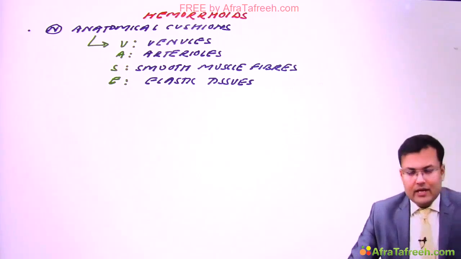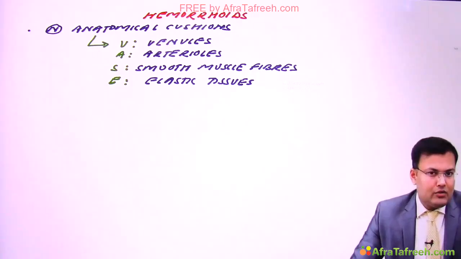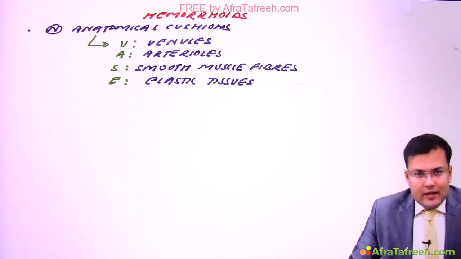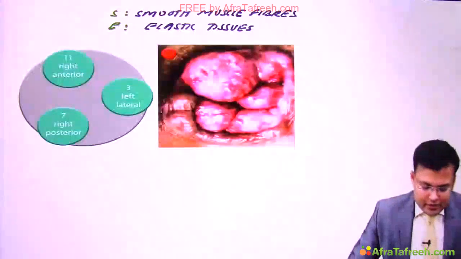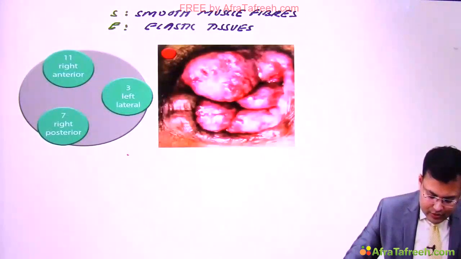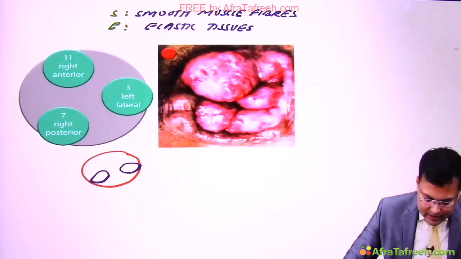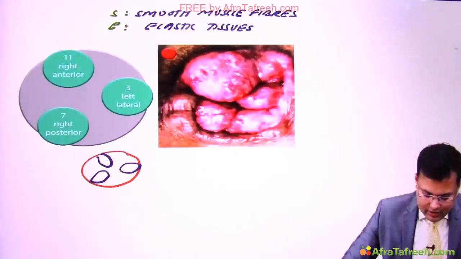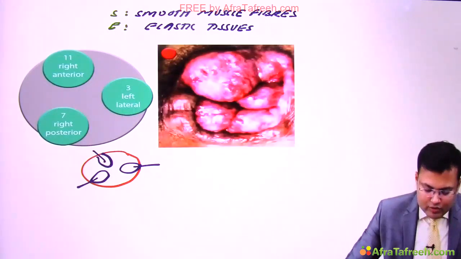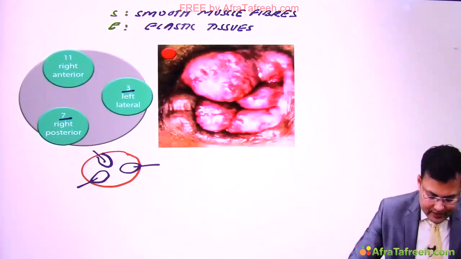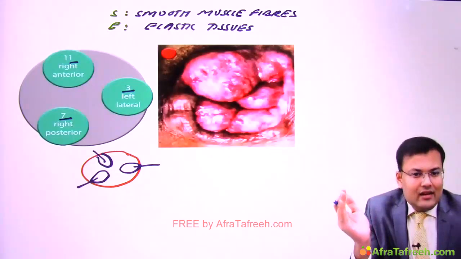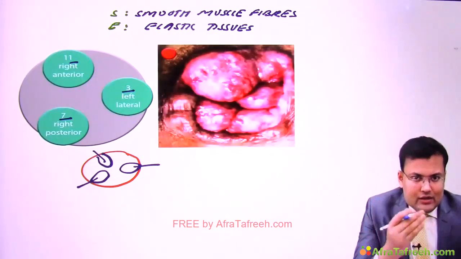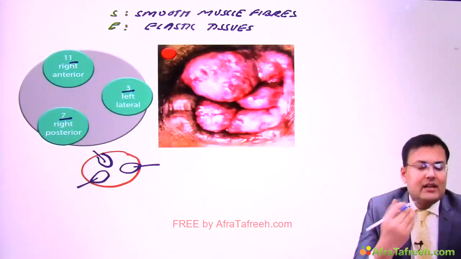What's the number of these cushions? There are 3 normal anatomical cushions. And what is their location? If we examine the patient in lithotomy position, you can see there are 3 cushions: one at 3 o'clock, another at 7 o'clock, and another at 11 o'clock. The 3 o'clock position is also known as left lateral, 7 o'clock is right posterior, and 11 o'clock is right anterior.